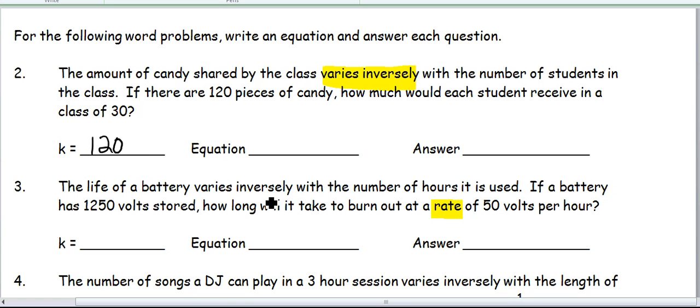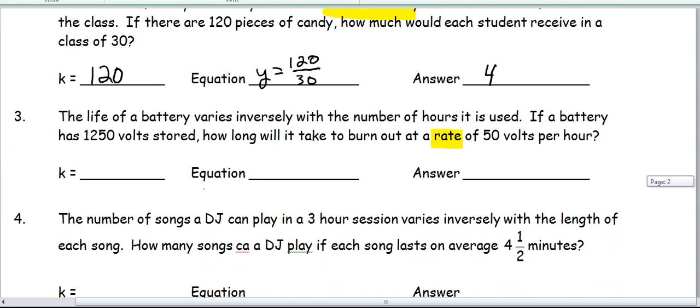There's 120 pieces. All right. So here I have my y equals 120, and then it's divided by the number of students, and we figure out that 120 divided by 30, each student would net 4 pieces of candy. All right. Not too difficult, but let's move on.